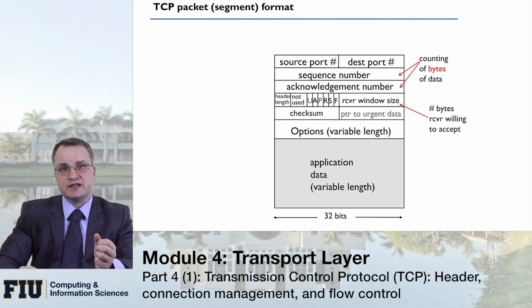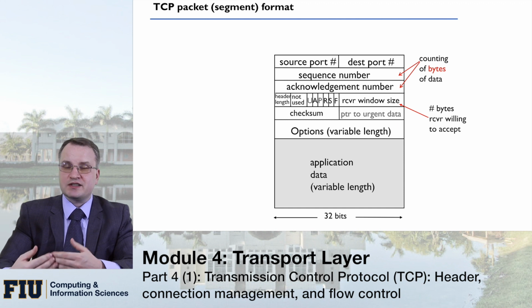I highlighted this at the end of the previous part, and it means the amount of bytes a receiver is willing to accept at any given point of time. Even if the sender's congestion control and other types of windows allow it to send more, the receiver is asking the sender to slow down.